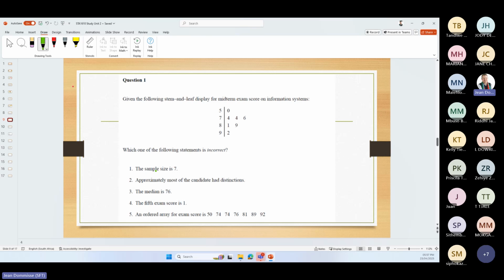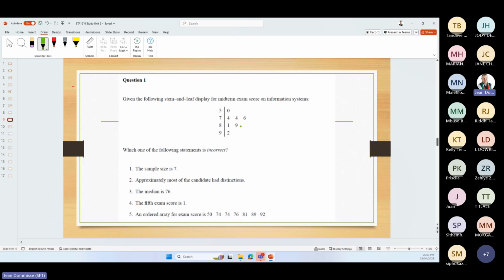So what they could have asked in a question like this is, what is the range? They could have asked with a bit more detail, like the mode, Q1, Q3, all of those things they could have asked out of this data set as well.